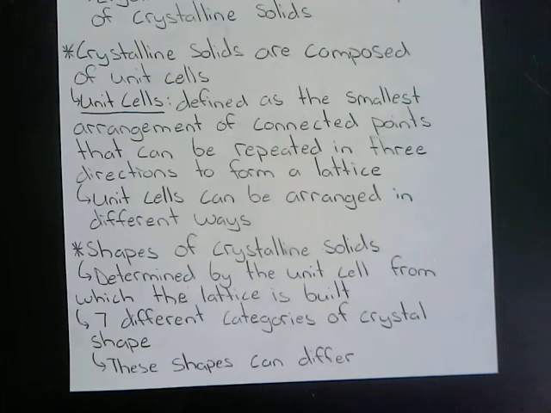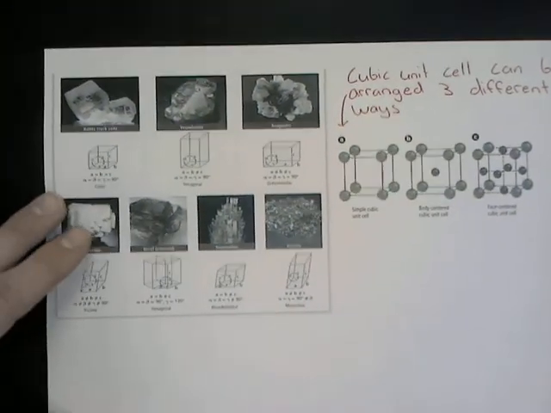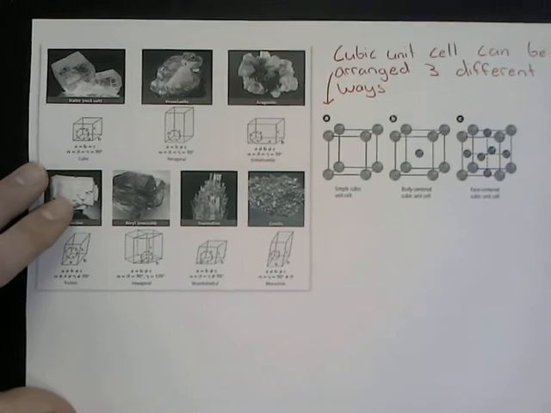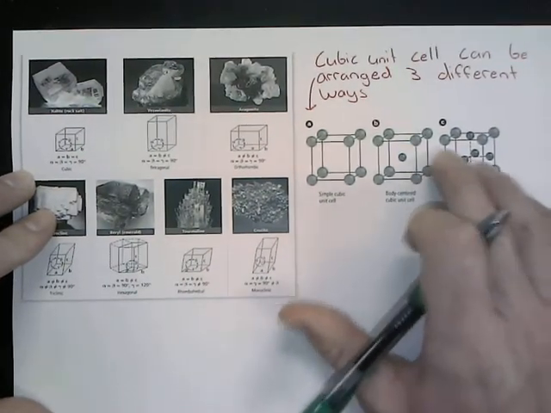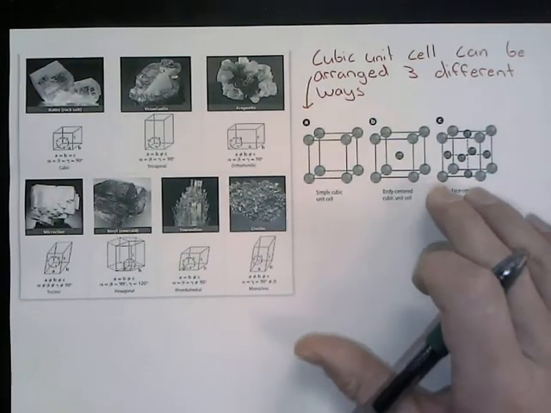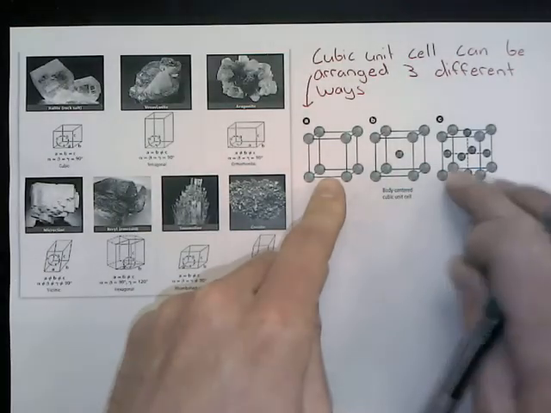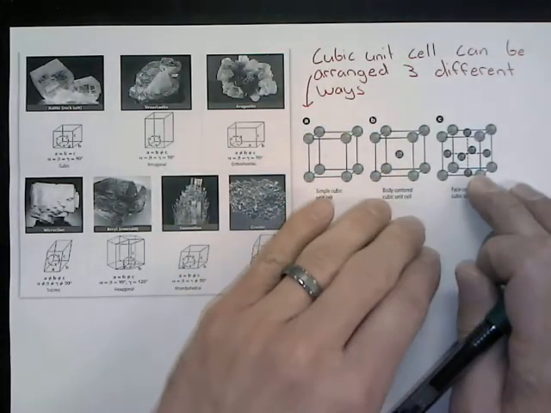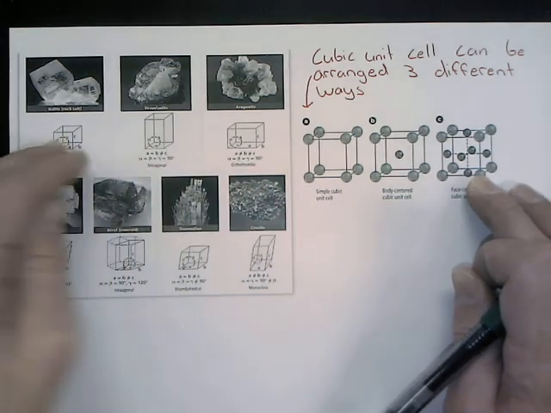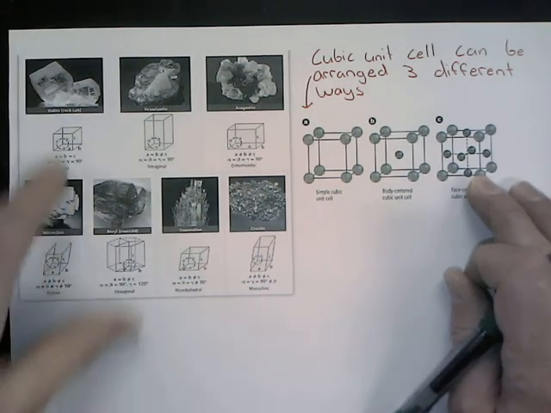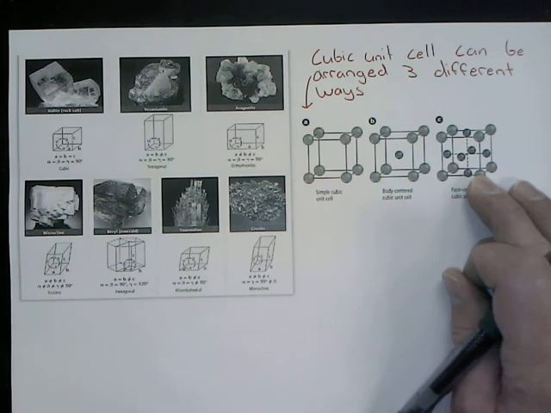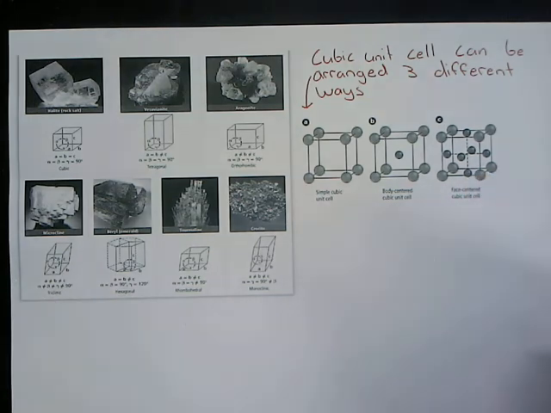I already started writing on our page where we talked about the different unit cells. If we look at this, one type of crystalline solid shape can be arranged different ways, and that's what this form shows. This is just a cubic, which is one of seven different ways. This chart shows the seven different crystalline shapes.